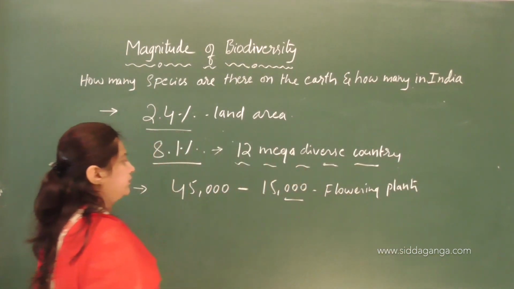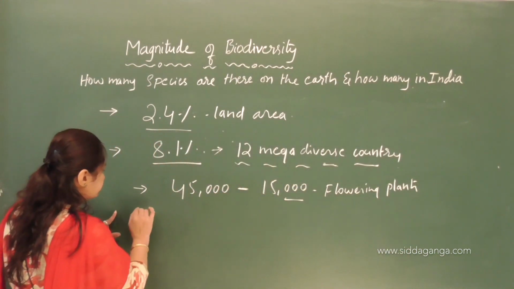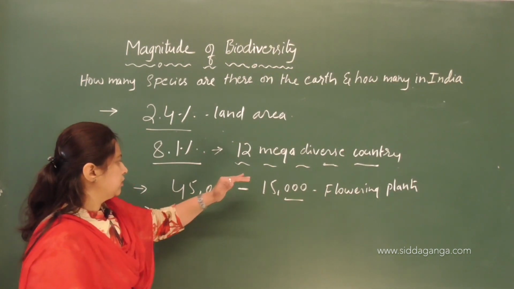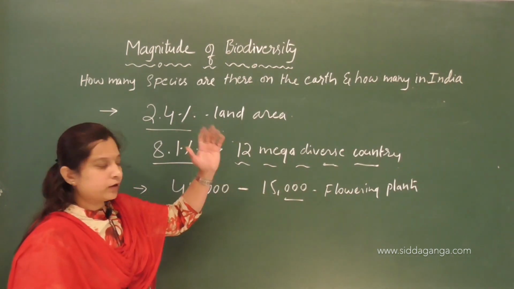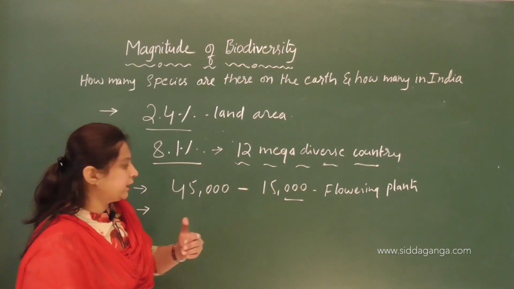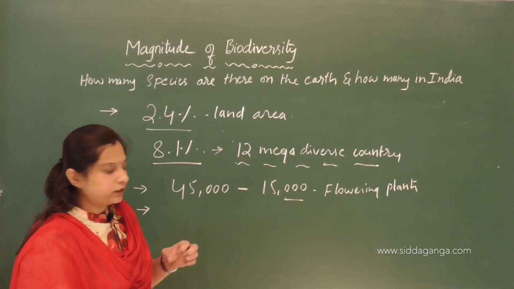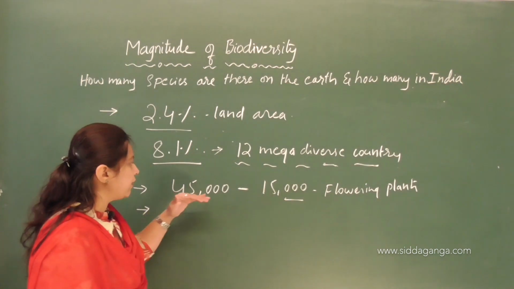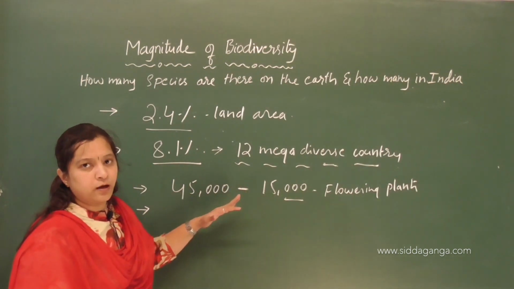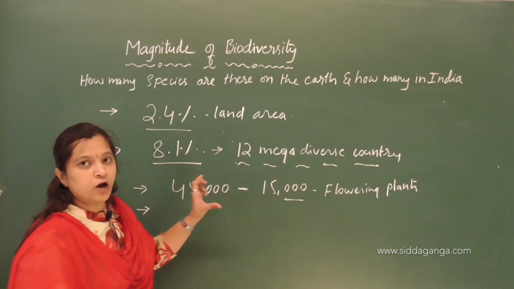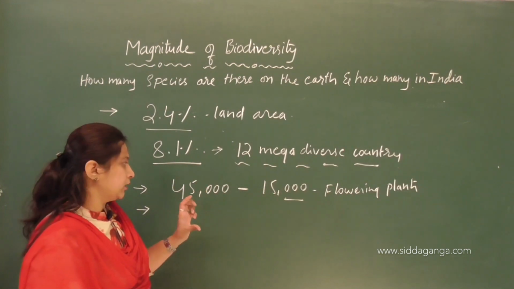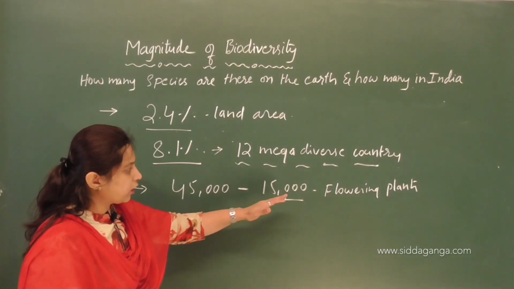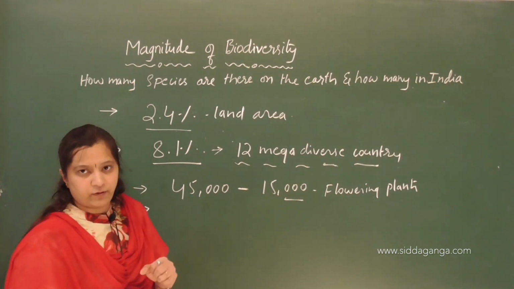When we talk about India's biodiversity, India comprises 45,000 known species of plants. Among the 45,000, 15,000 species are the flowering plants.